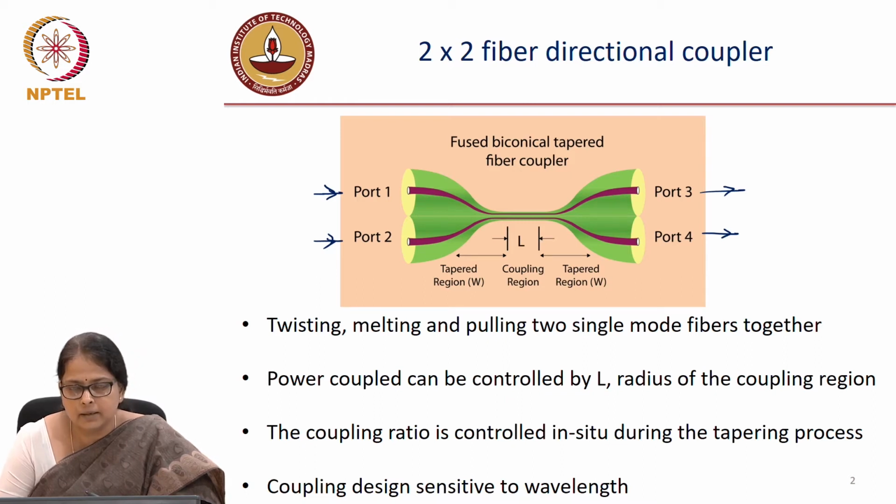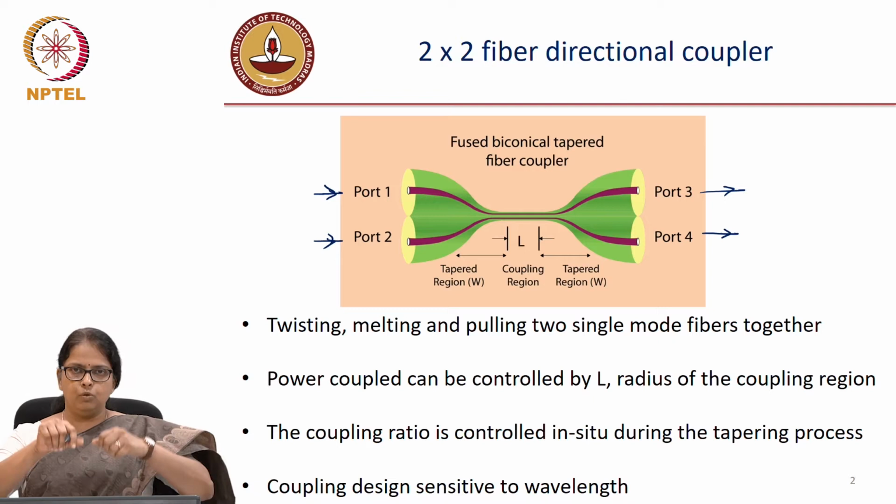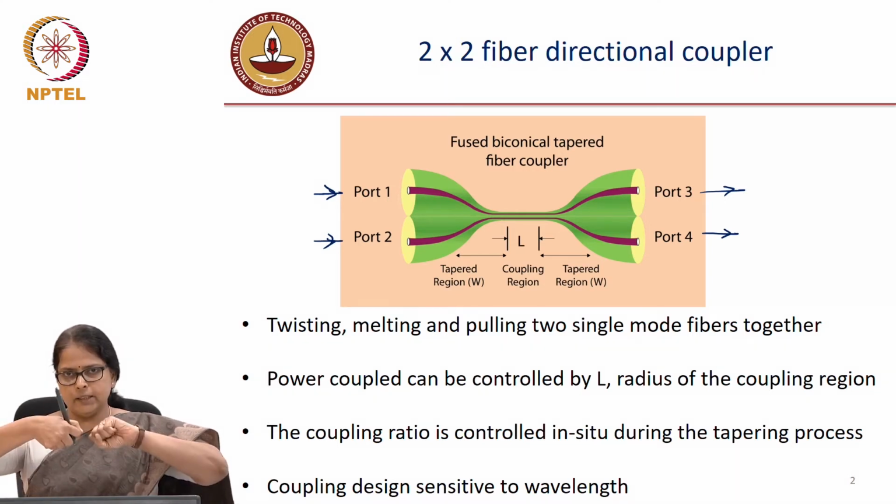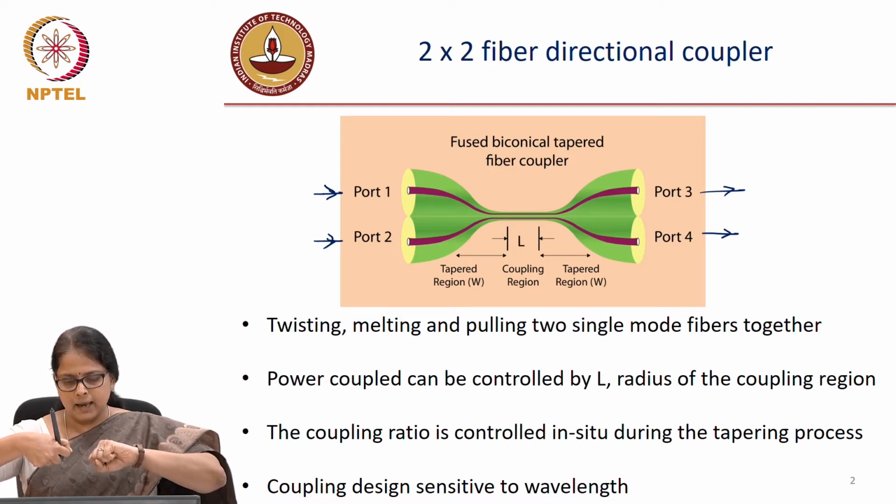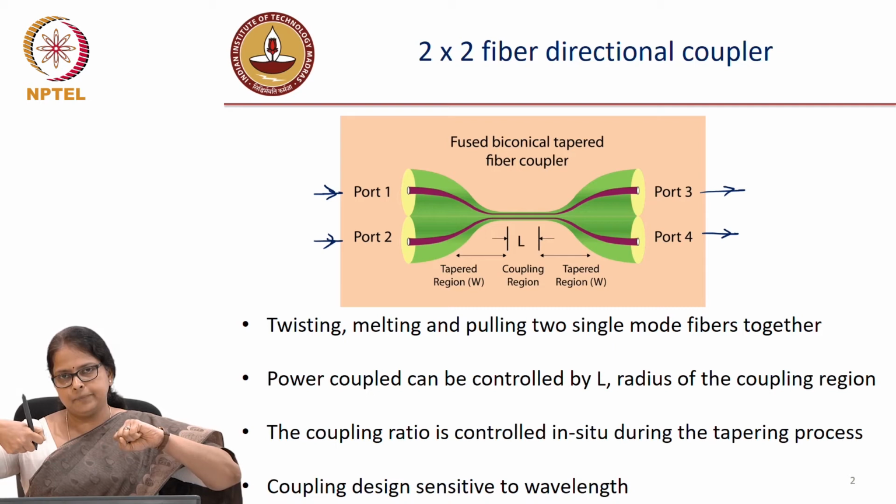So how do you make this? The most popular way of making a fused biconical tapered coupler is taking two single mode fibers, twisting them, melting them by putting them over an arc, and then pulling.